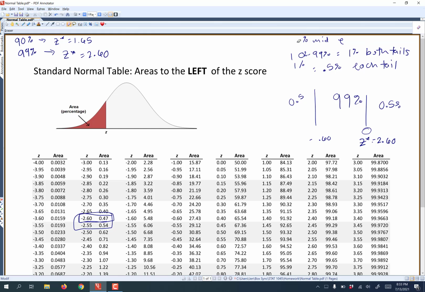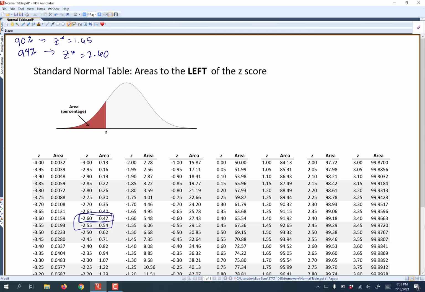Okay. So that's how you can find z star for any confidence interval. Now, the question that sometimes comes up is, what is this supposed to be for a 95% confidence interval, which is the most common one we use? So you could draw the picture and say you want 95% in the middle.